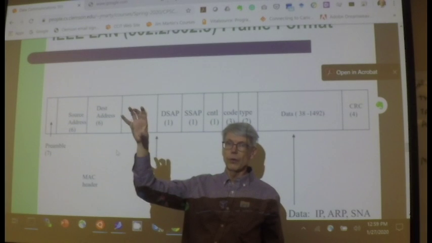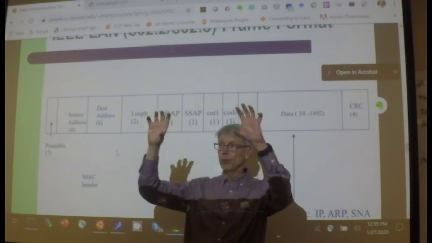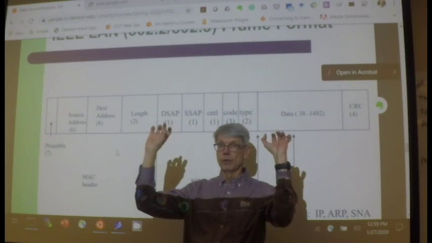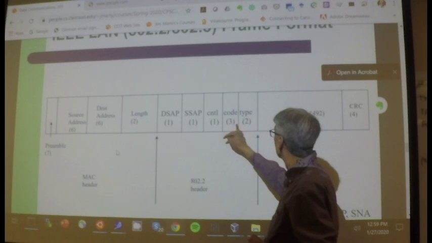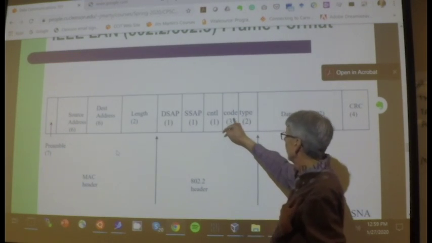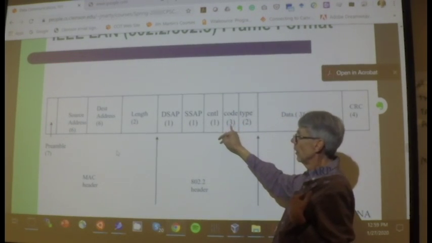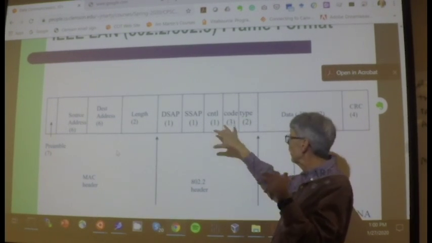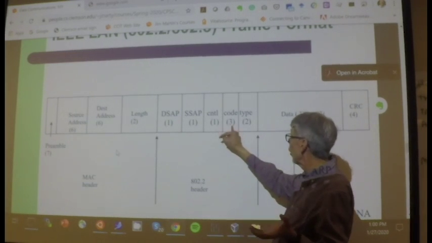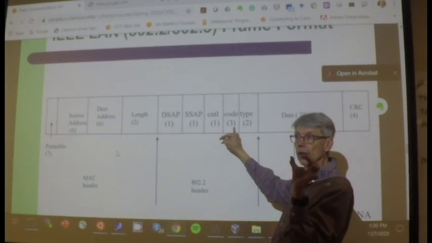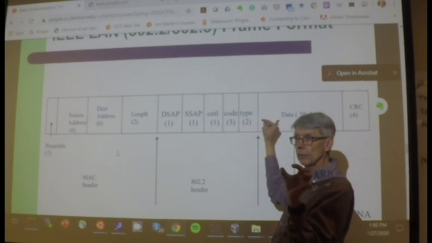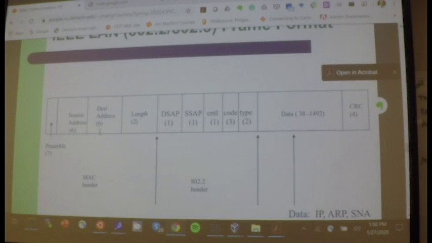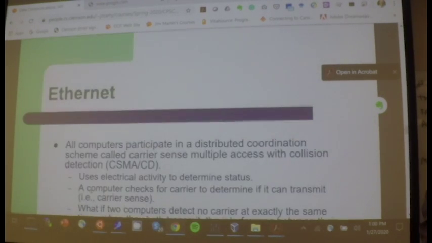There are other examples of networking protocols that are different from TCP/IP. The code specifies the type of networking protocol. So if this is an IP datagram, the code would indicate it's an IP payload.